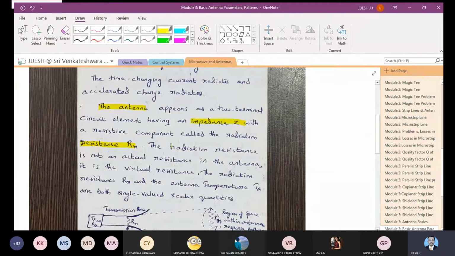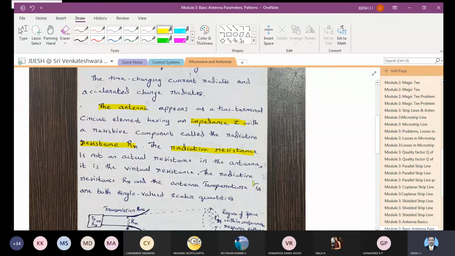Really there is no radiation resistance available, but there is an impact of resistance close to the antenna, which we call radiation resistance, and it leads to some losses of the signal and also to antenna temperature.